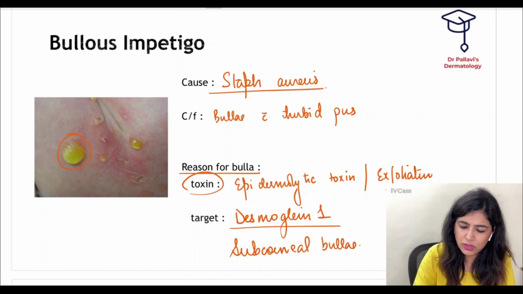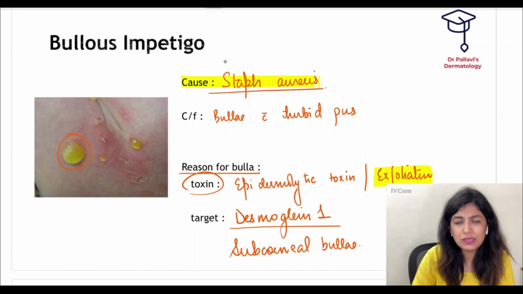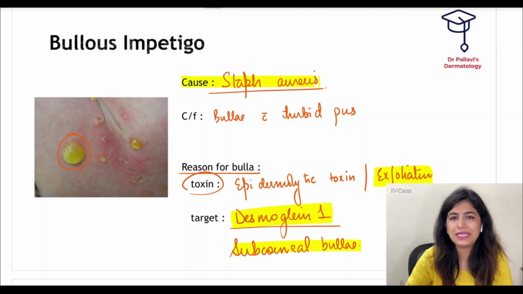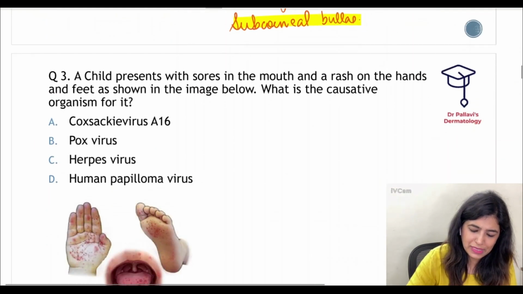Okay, very important, these questions: caused by Staph aureus, the name of the toxin which is exfoliatin, the target of which is desmoglein 1, and the level of bulla formation is the subcorneal bulla.